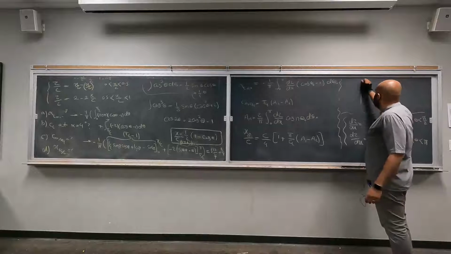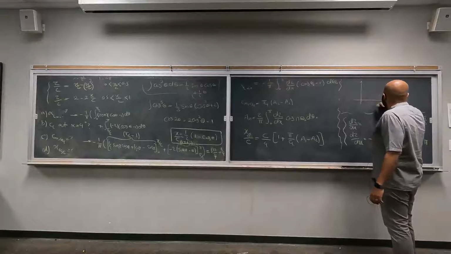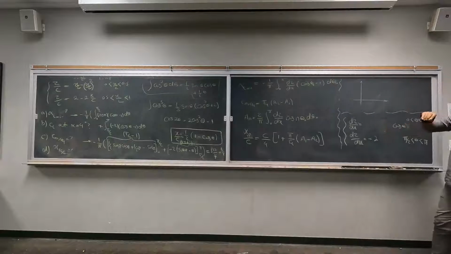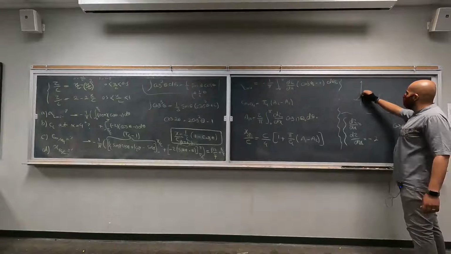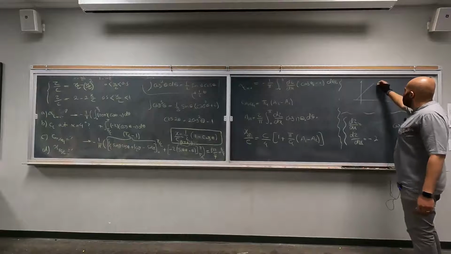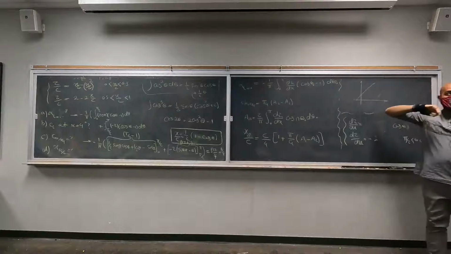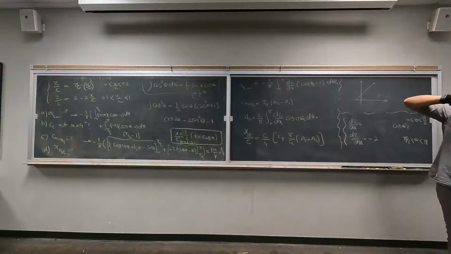You're on the correct path, right? 2 pi alpha, that's for CL for the symmetric airfoil, right?